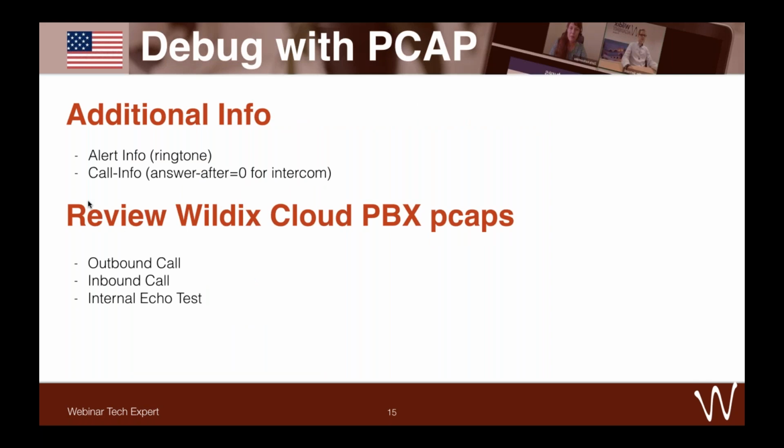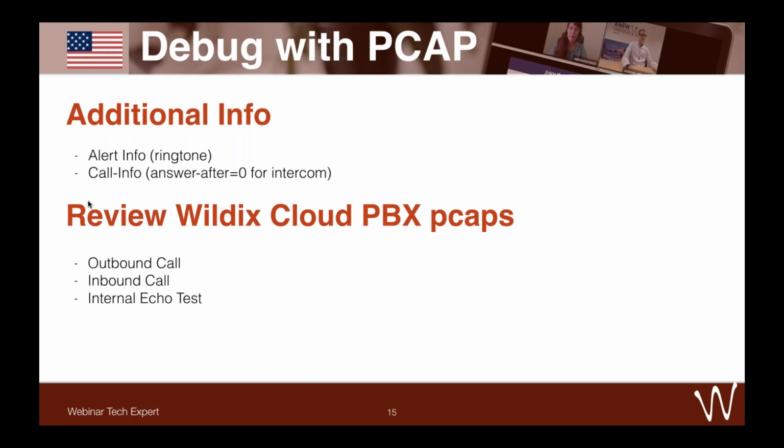So there's some additional information in a PCAP. We'll maybe talk about these lightly here. There's an Alert-Info header that's interesting. We use it basically for the ability to send the phone a ringtone to use. There's things like this Call-Info field that sends things like this answer-after flag for things like paging via invite or intercom.